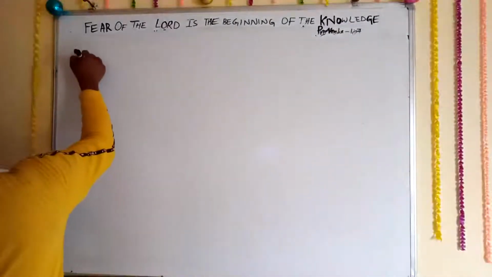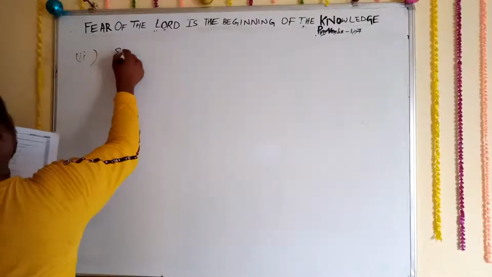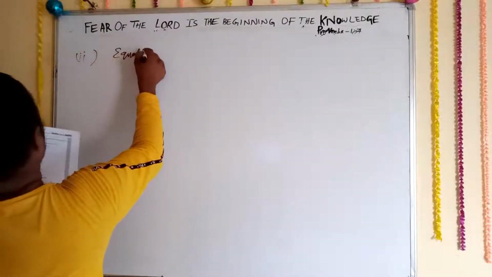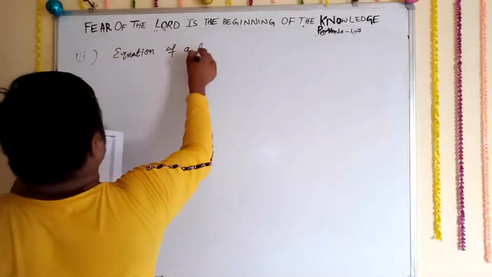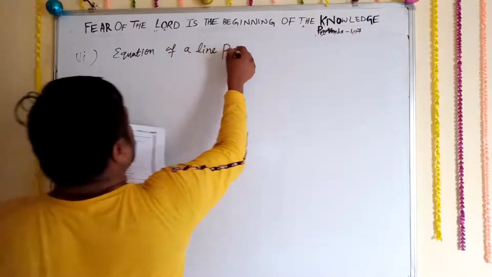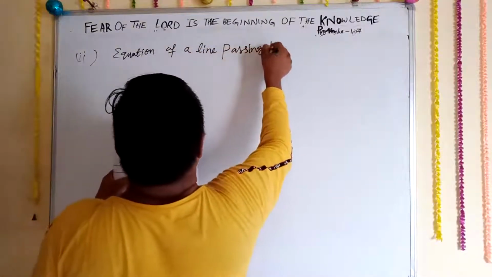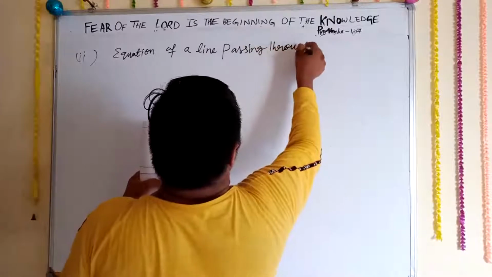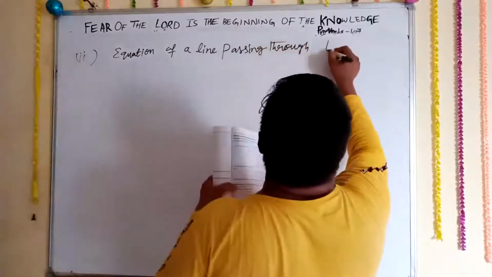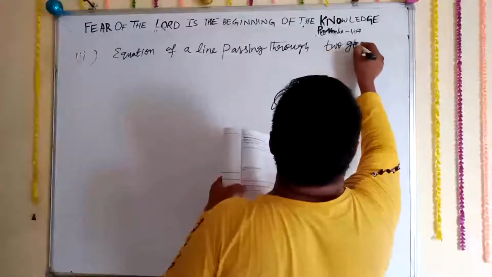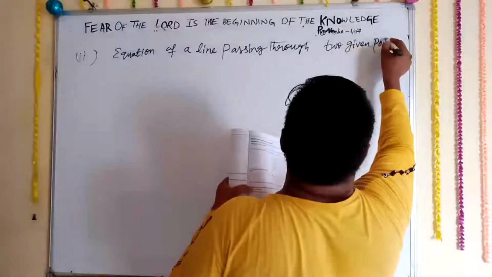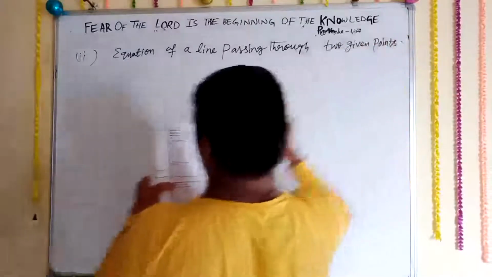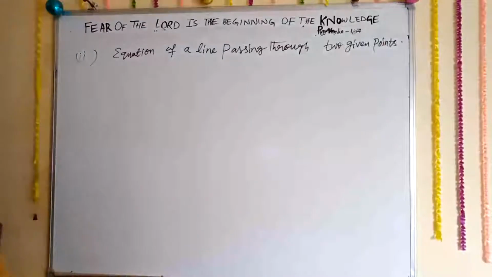Okay, now second one: equation of a line passing through two given points. So now, first vector form.